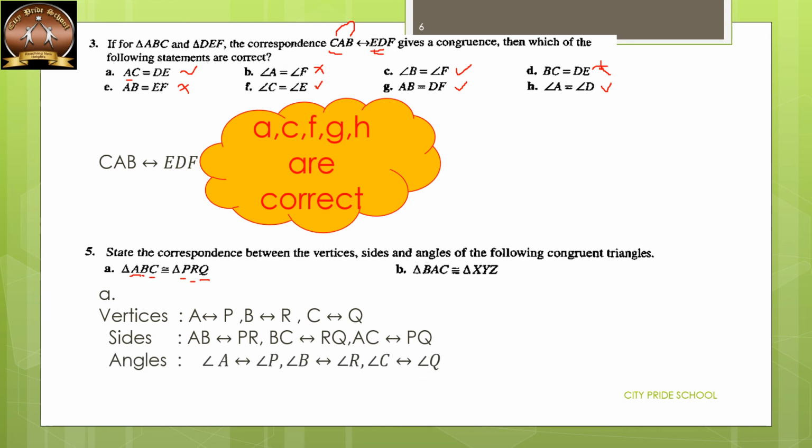Let us write the angles. Angle A corresponds to angle P, angle B corresponds to angle R, angle C corresponds to angle Q. So part B you can do as homework.